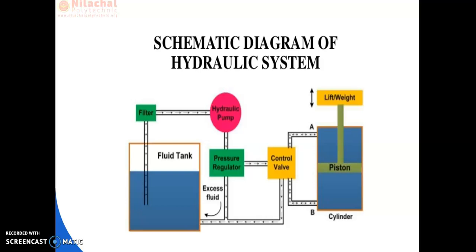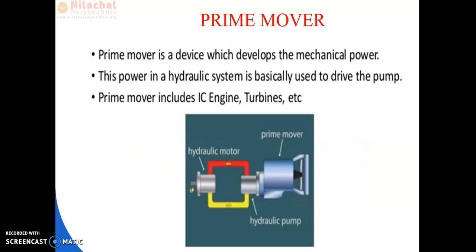Now we'll go into details about the different components of the hydraulic system. The first component is the prime mover. The main function of the prime mover is to provide mechanical power to the hydraulic pump. The hydraulic pump receives the mechanical power from the prime mover and converts the mechanical energy into hydraulic energy.